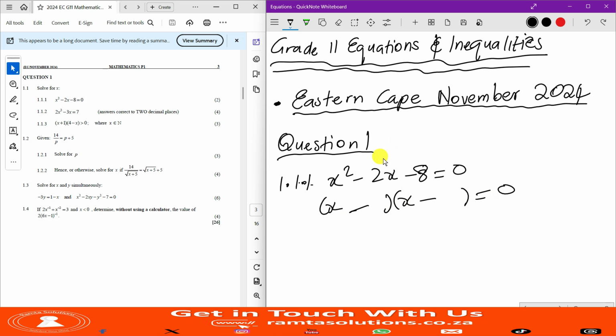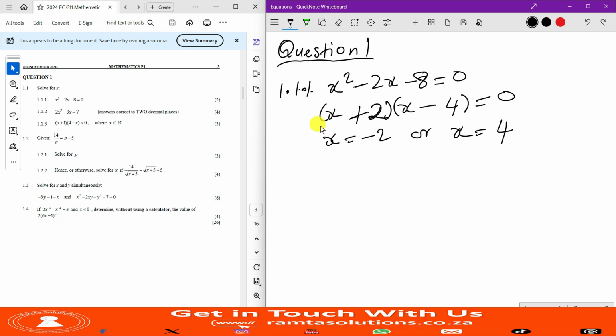Factors of 8: the product of the factors 1 and 8 doesn't work. 2 and 4, yes, it works. So the constant is negative. The bigger factor must take the sign of the middle. The bigger is 4, it must be negative. So this one must be positive. Therefore, x equals negative 2, or x equals positive 4. We are done.